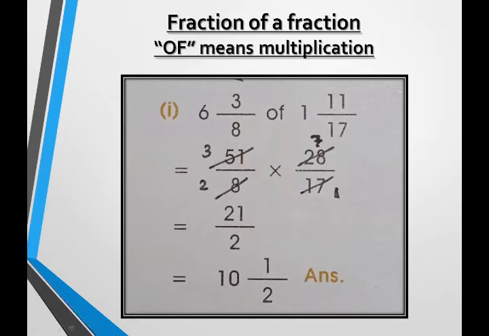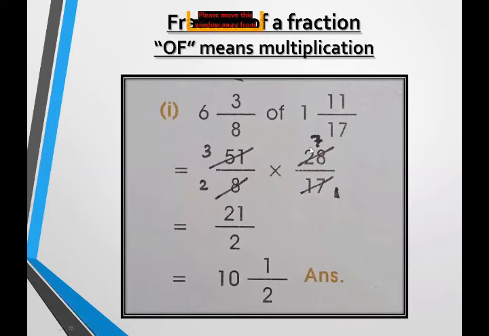Now the next step, cross multiplication. What is the cross value of 8? The cross value of 8 is 28. So here we can take the table of 4. 4 twos are 8 and 4 sevens are 28. What is left in the numerator? 3 and 7.